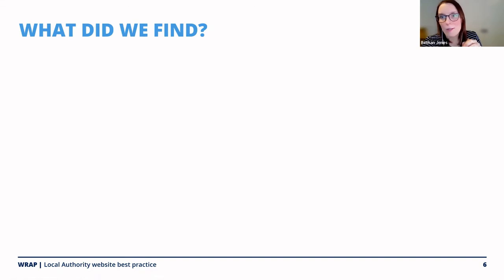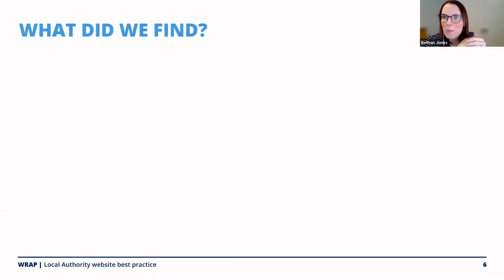So we looked at things like different terminology that they were using on the websites. We looked at the different approaches to navigation and the ways that the different local authorities were structuring that data on websites. We had a good look at common tools, so things like your A to Z on different materials, the Recycle Now locator tool, different search functions.